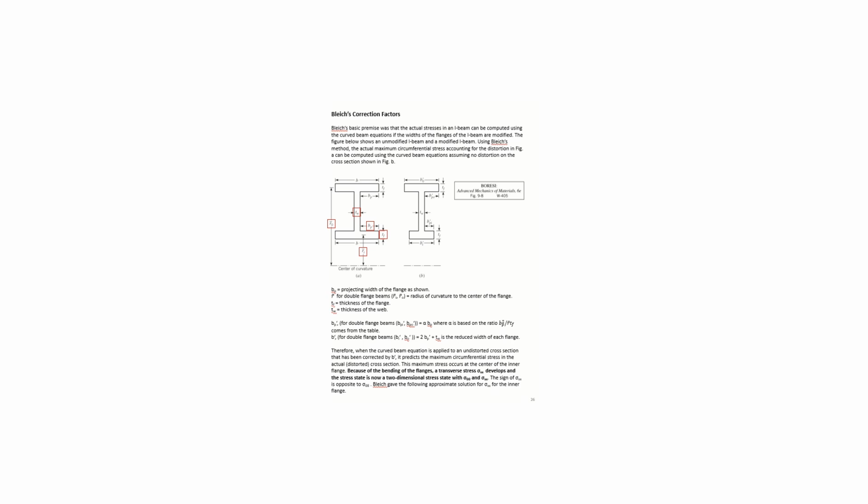So Blaike gave the following approximation for the sigma xx stress for the inner flange. What you do is on the next page here, you compute the sigma xx stress by computing negative beta times sigma theta theta. And this beta is obtained from a table which is determined by this ratio that we just computed, BP squared over R TF. And the sigma theta theta is the magnitude of the circumferential stress at the mid-thickness of the inner flange.